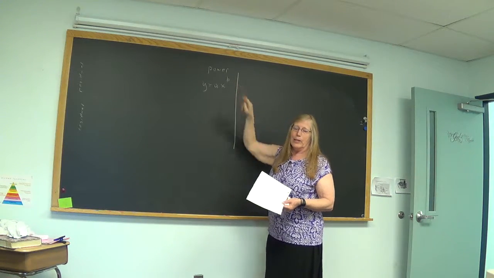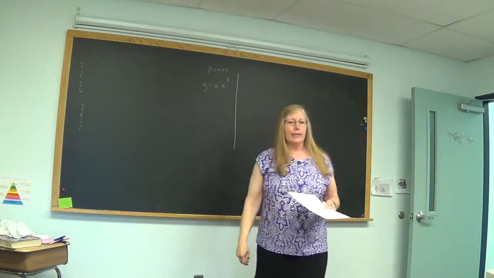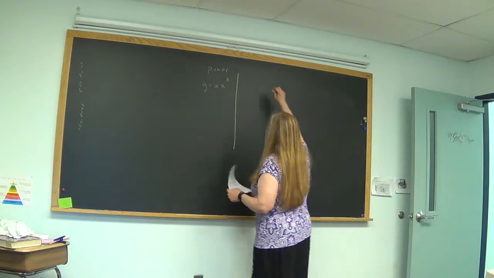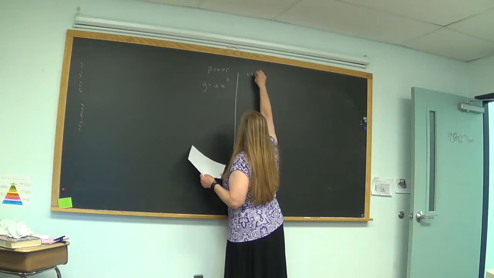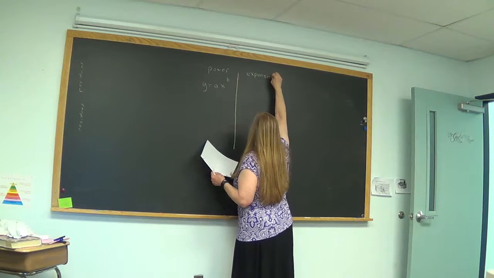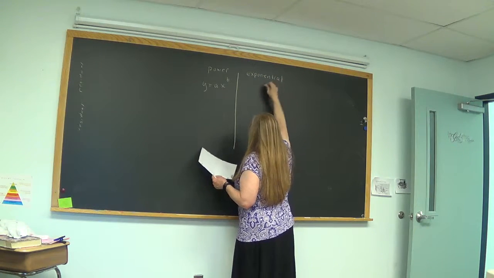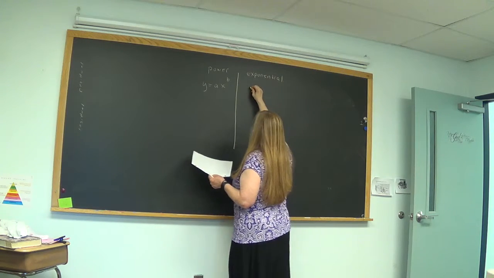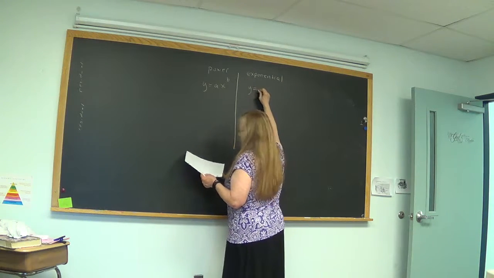So we use power models all the time. They're not that complex. And the one I haven't introduced is an exponential model. All I'm doing is training you to get these kind of questions right, because they love this question. It's an easy question if you've been taught.